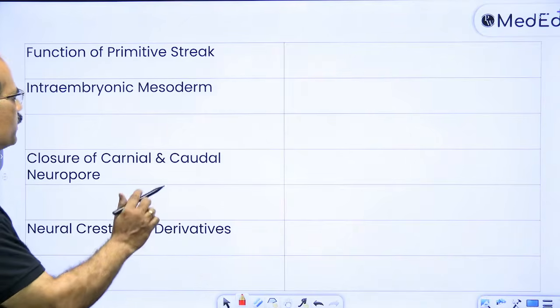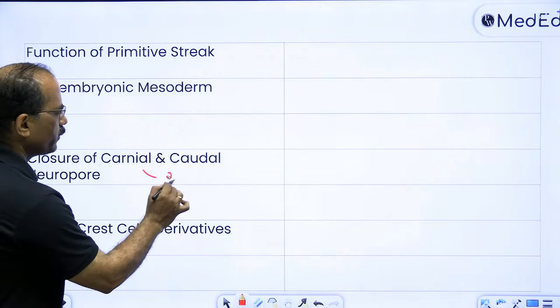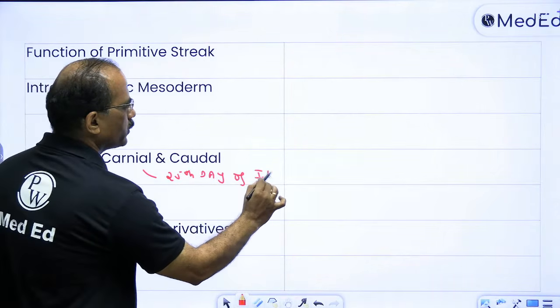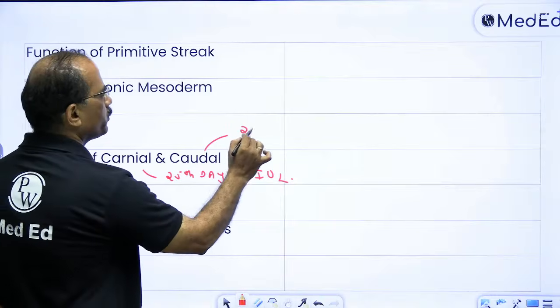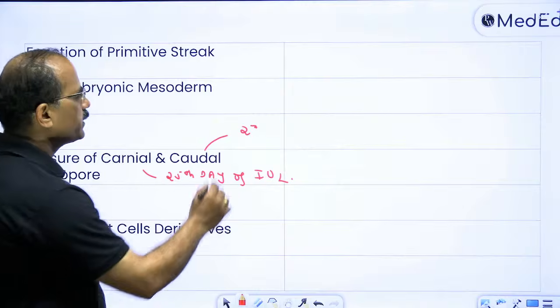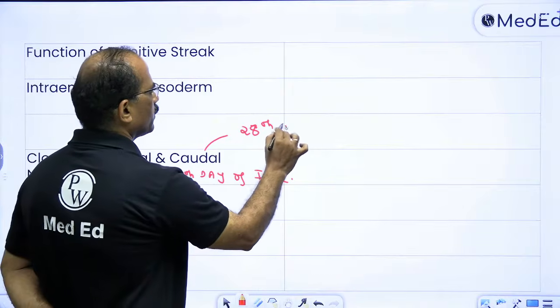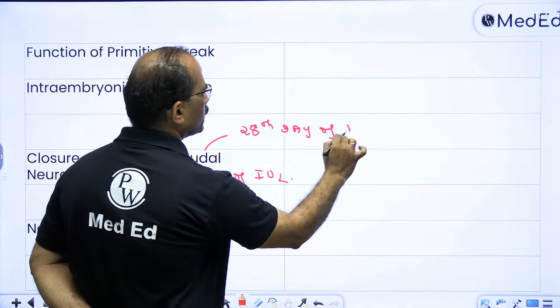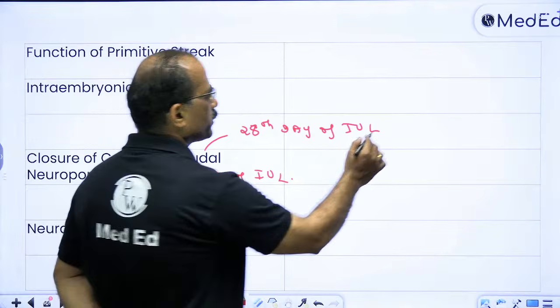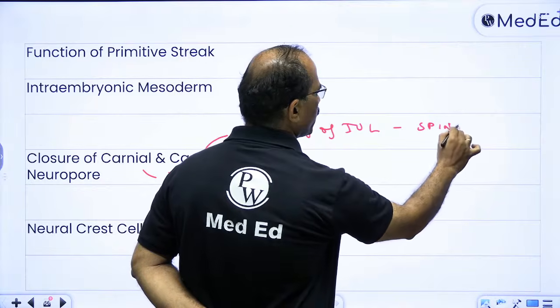Okay. When does the cranial neuropore close? 25th day of intrauterine life. The caudal neuropore closes by 28th day of intrauterine life. If the caudal neuropore does not close, it results in spina bifida.